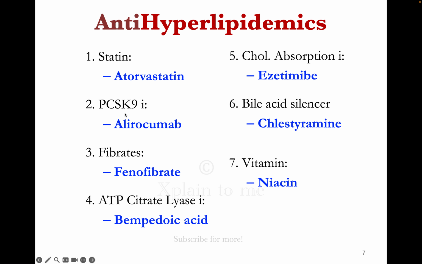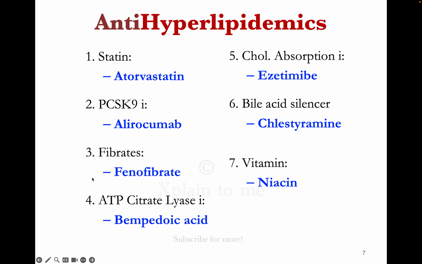Even for regular non-PCSK-related hyperlipidemia, you can use a PCSK9 inhibitor because of its role in LDL receptor expression.